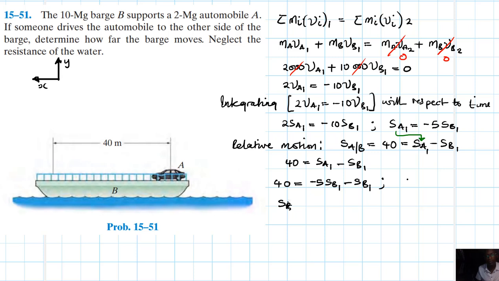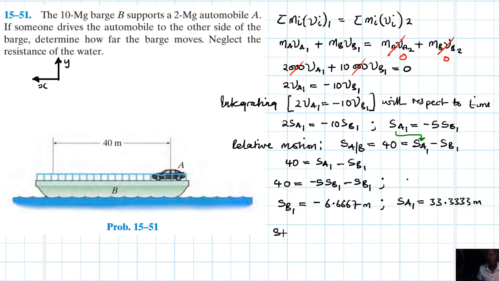Our sB therefore is just going to be equal to minus 6.6667 meters. And our sA is just going to be 40 minus 6.6667, so this becomes 33.3333 meters.